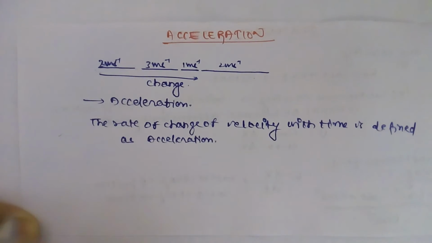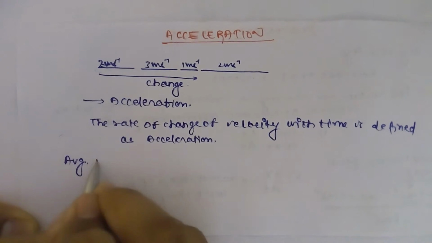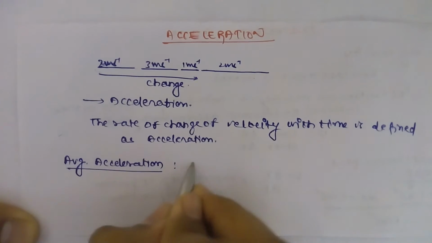There is also another term which is known as average acceleration. How is this defined?